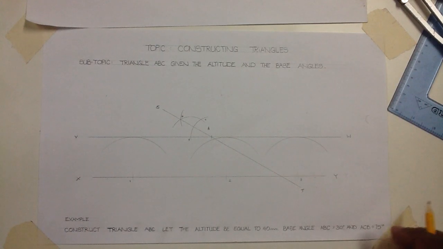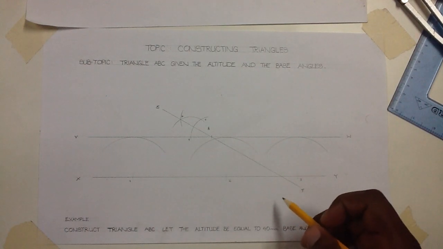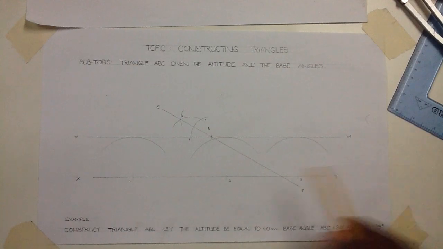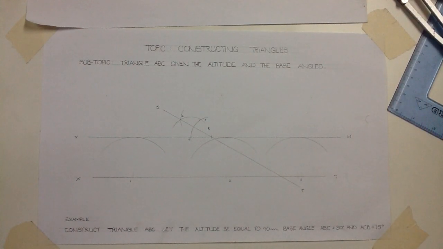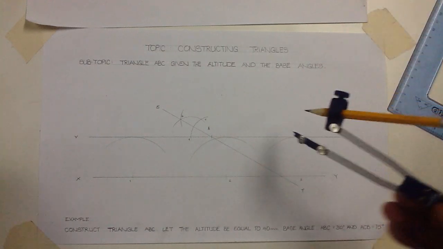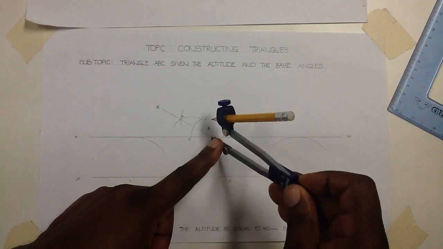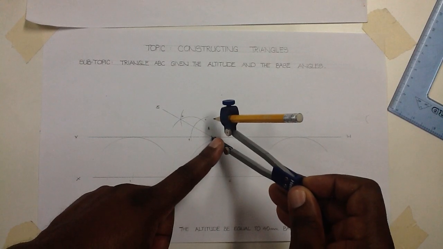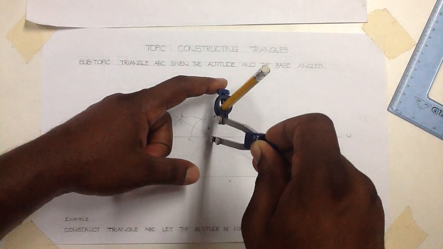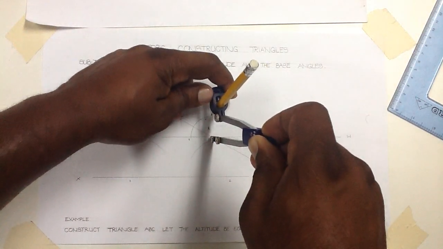We continue from there by constructing our 75-degree angle. This angle will be constructed on the right side of point A. The same radius can be used, or you can reduce or increase your radius as you feel necessary.